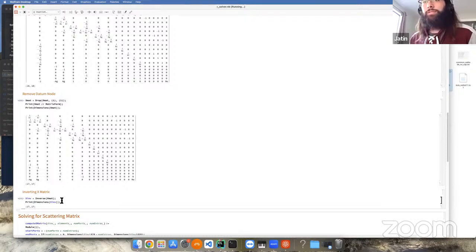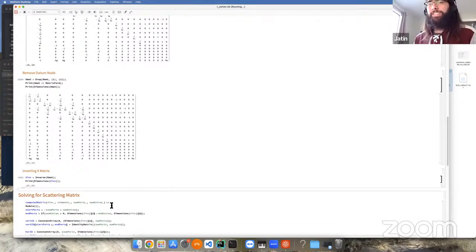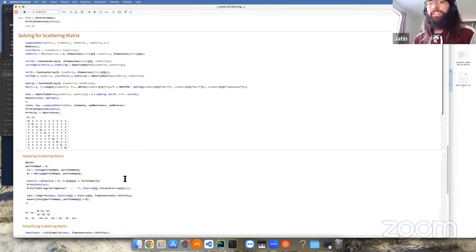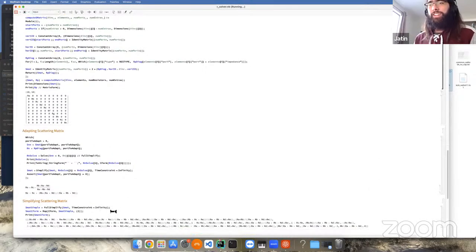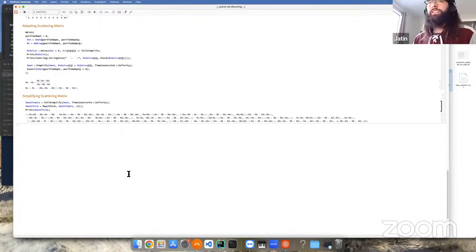Or can invert this matrix. Wait, did it just finish? No way. That can't be right. Something has to have gone wrong. All right, let's simplify and print.